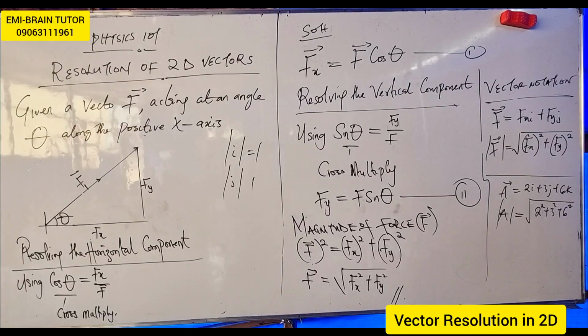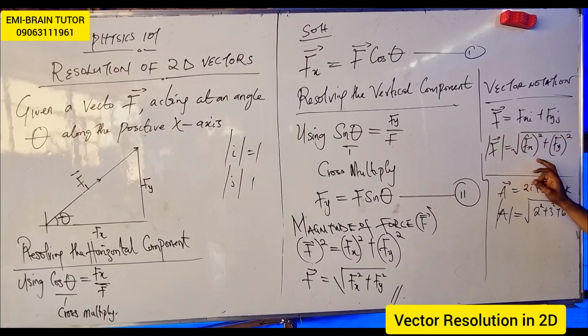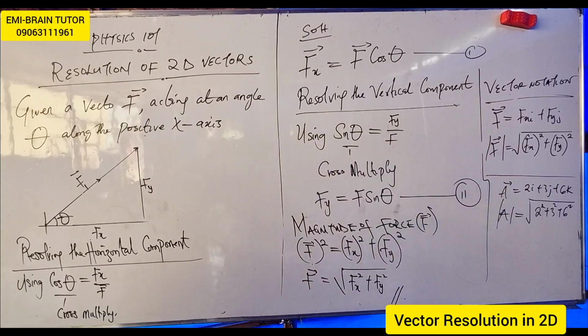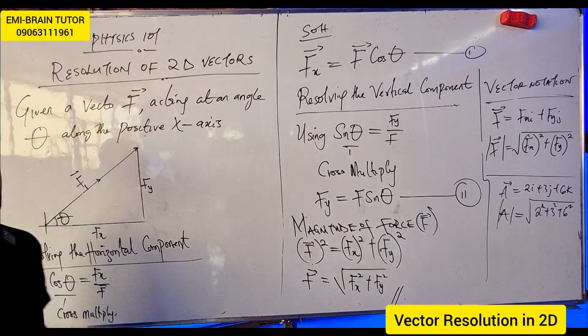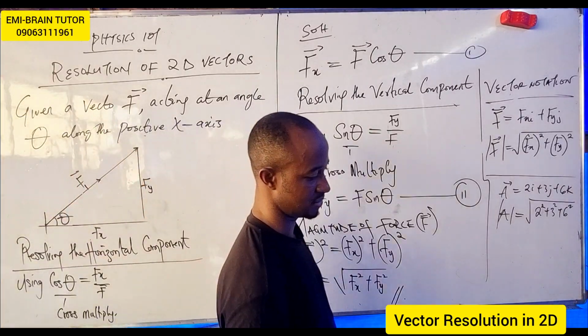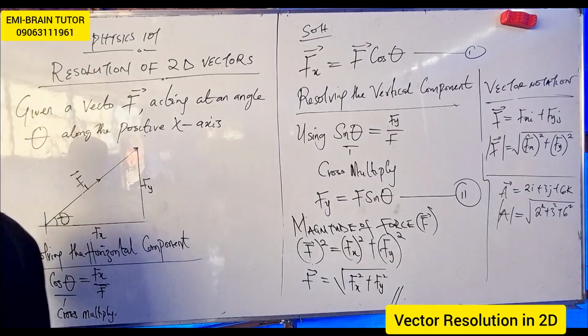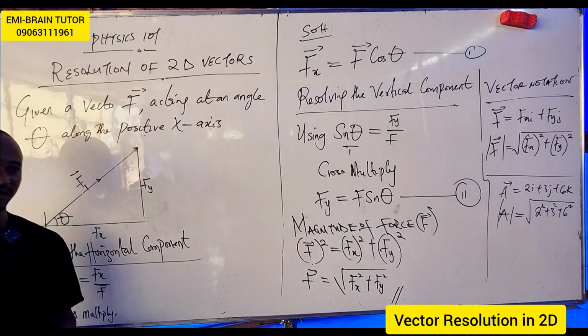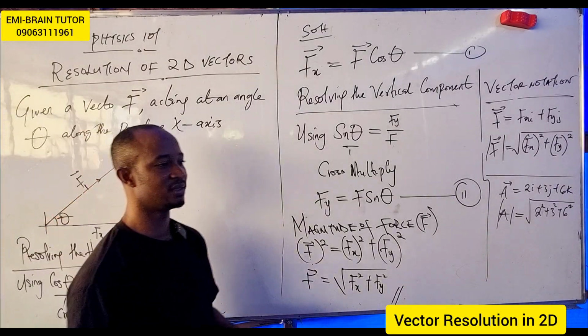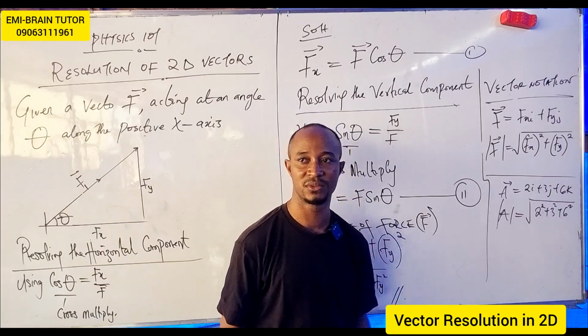So when you get Fx and Fy, please present your answer first in this form before finding the modulus. Now, when the angle theta is inclined along the vertical axis of the resultant vector, as shown below.